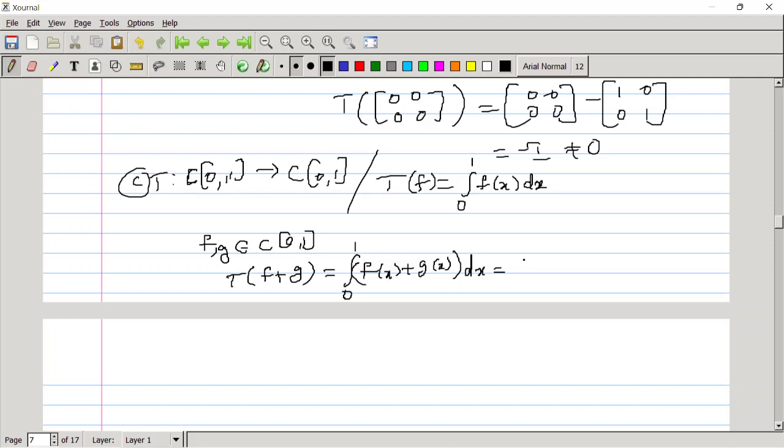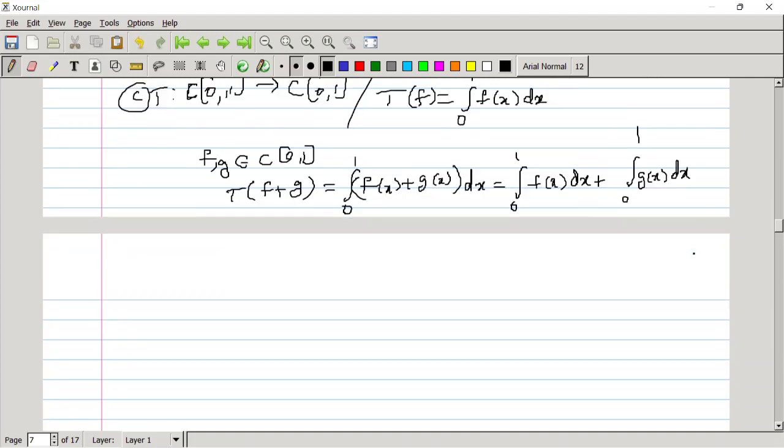Because integration satisfies the distributive law, we can write this as integration f of x dx plus integration g of x dx. You can see, by the definition of T, this is equal to T of f plus T of g.